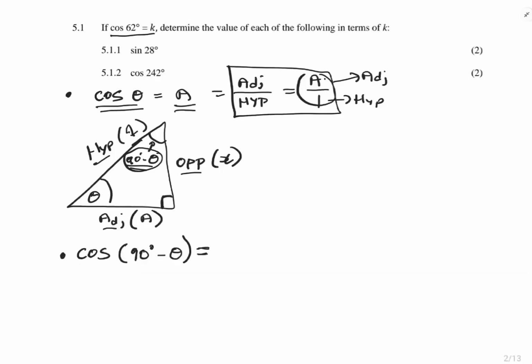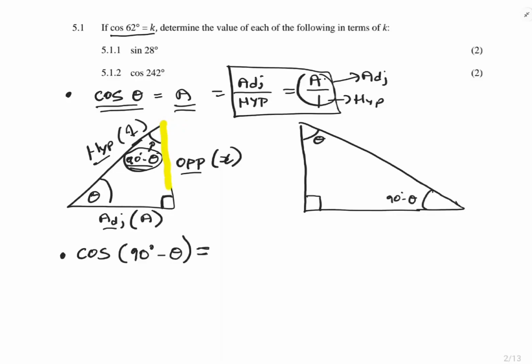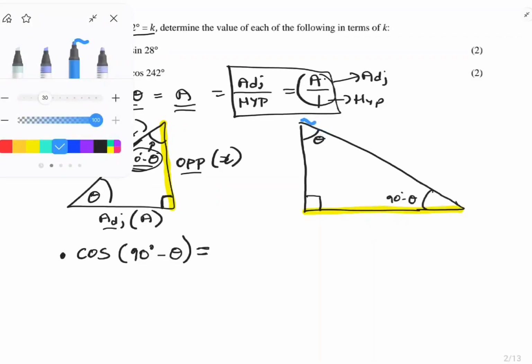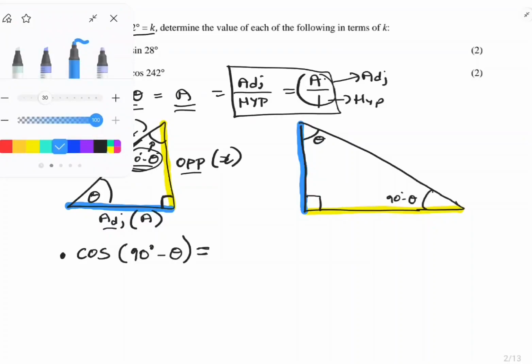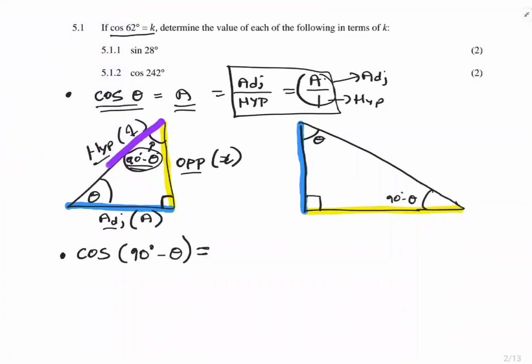If you want to make your life simple, flip this triangle and say, okay, now I have my 90 degrees like this, that's the angle here, and here is your theta. As you can see, this side over here becomes this side over here, and this side over here now becomes this side over here, and the hypotenuse is actually simple because it remains the same.